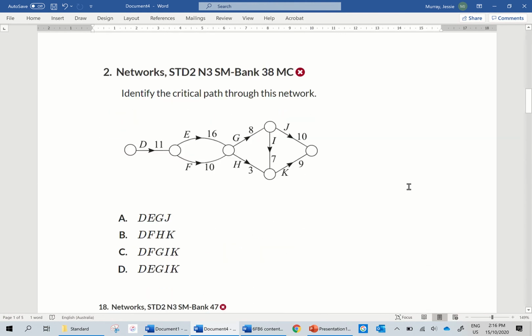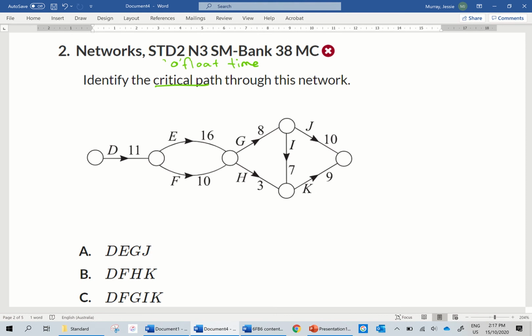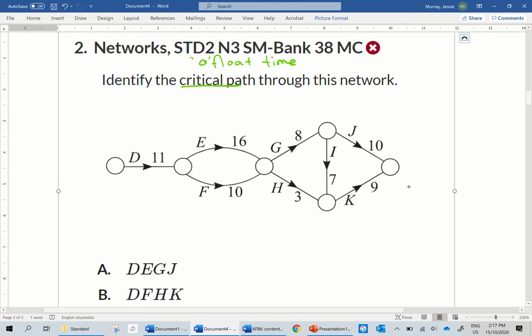Okay, let's keep going. Identify the critical path. A critical path is a path with zero float time. Now, everyone does forward and backward scanning differently to some extent. You guys in my class, we looked at it with our rectangles.